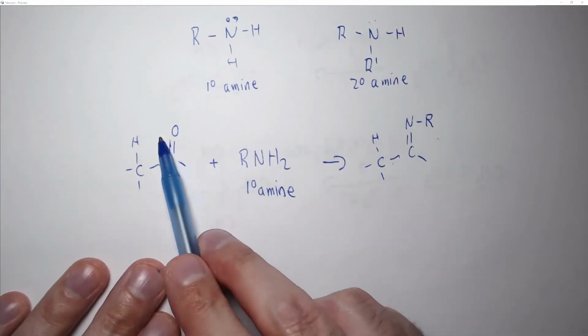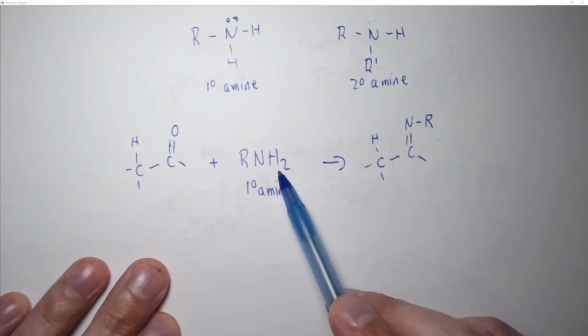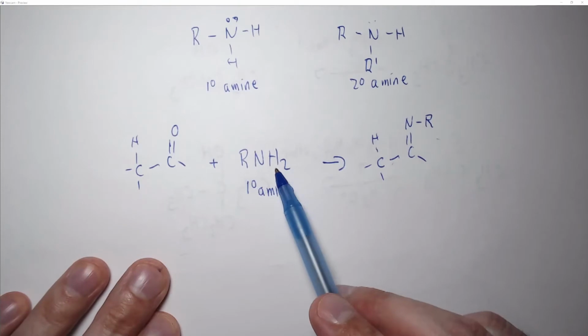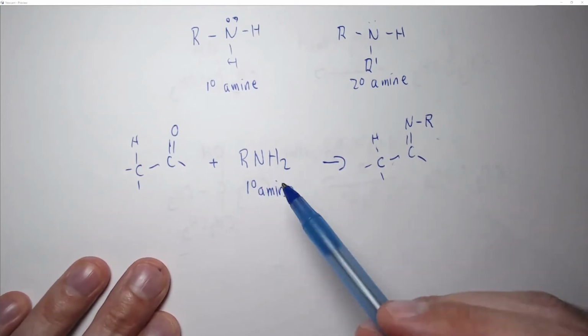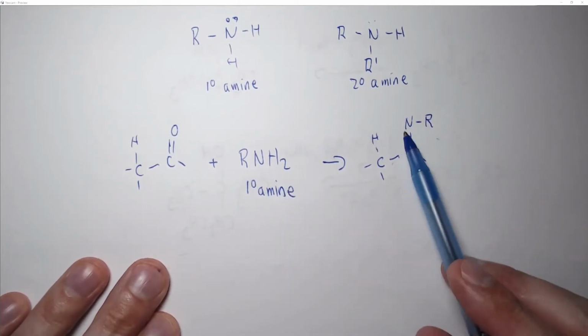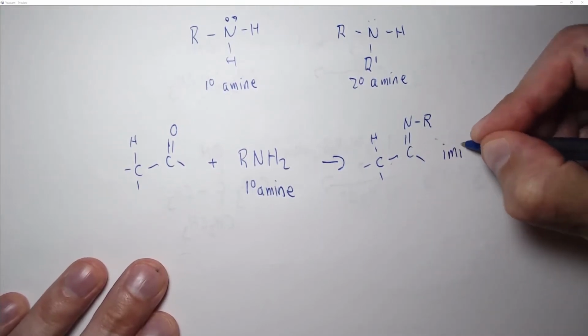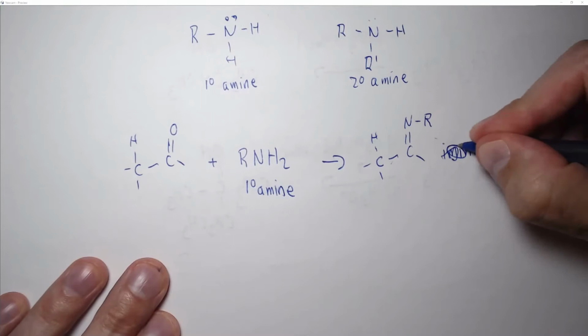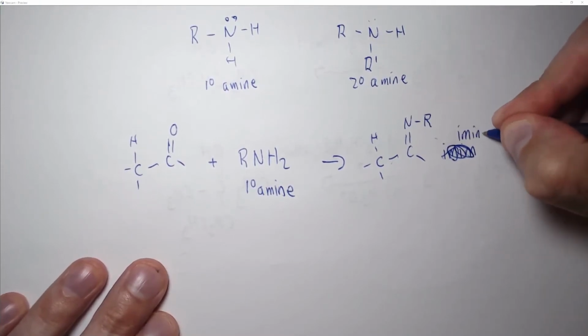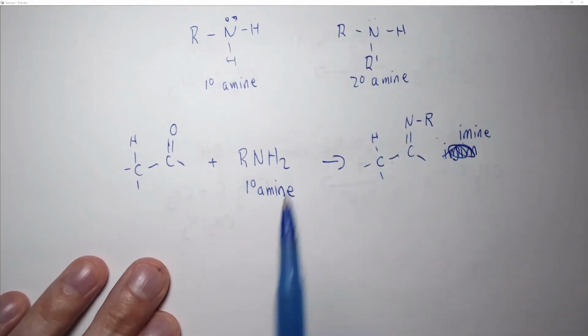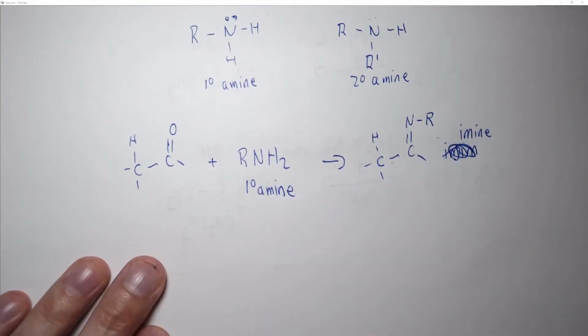Well, we've lost H, and we lost O, and we've lost two H's. So essentially, we've lost water. This double bonded N, R thing, is called an imine with an I, instead of an amine with an A. So this is called an imine that can form with a primary amine.